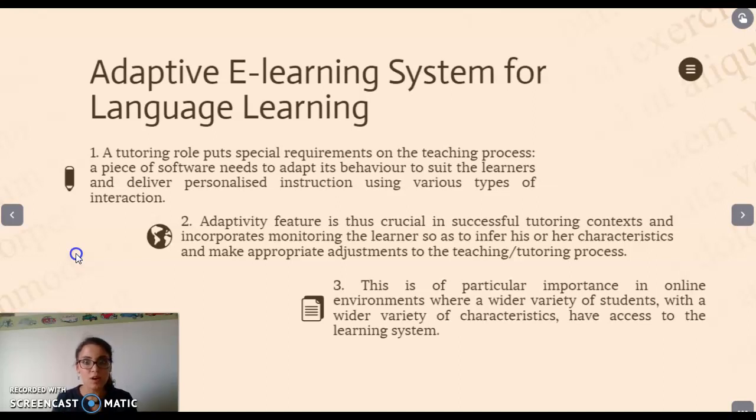And third one, this is of particular importance in online environments, where a wider variety of students with a wider variety of characteristics have access to the learning system. Jabba will explain this to you.